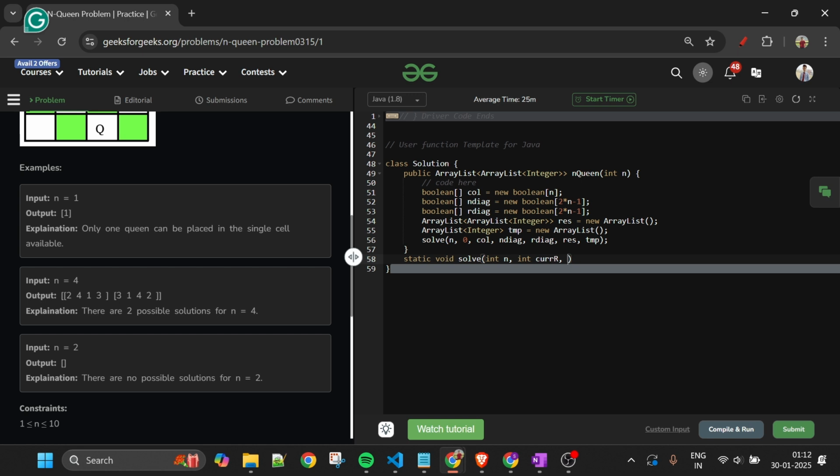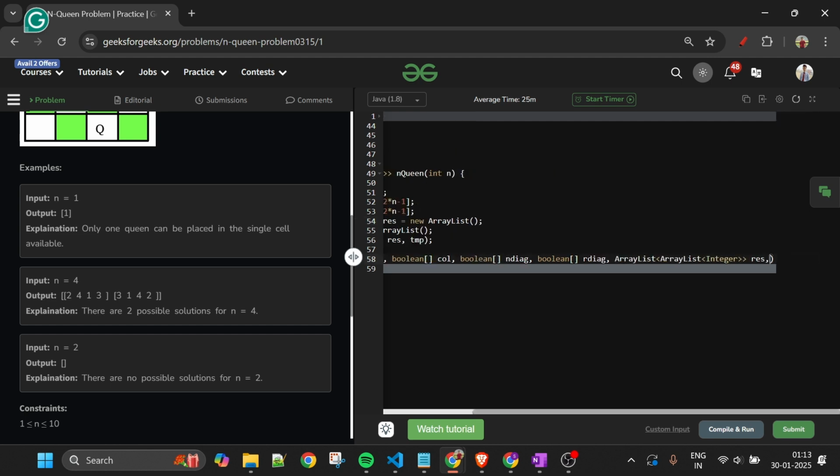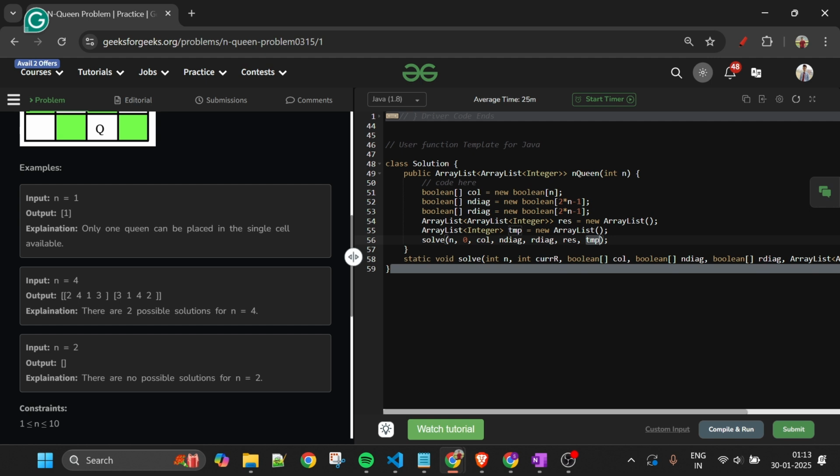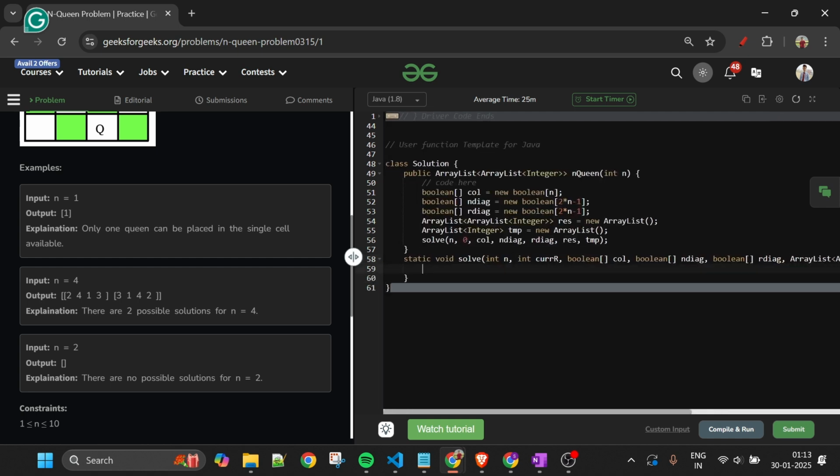Okay, and after that boolean column, after that boolean n diagonal, after that boolean r diagonal, and after that one result, and after that one more is there, this is tmp, which is my current list as well, something like this. Okay, all right, so now there are a lot of parameters I expect, but these are reasonable as well.